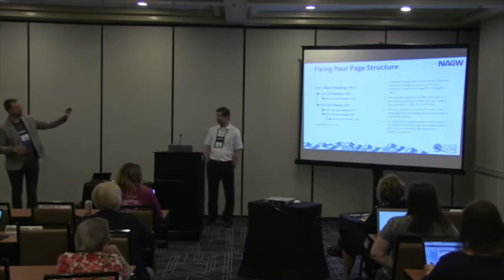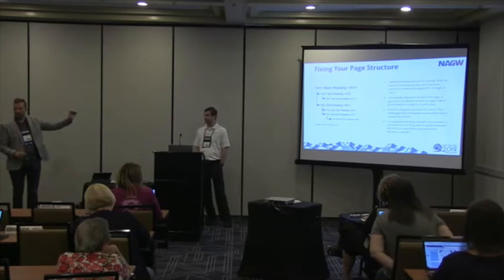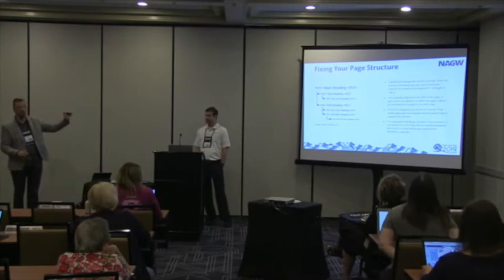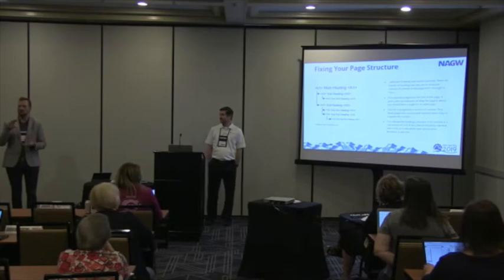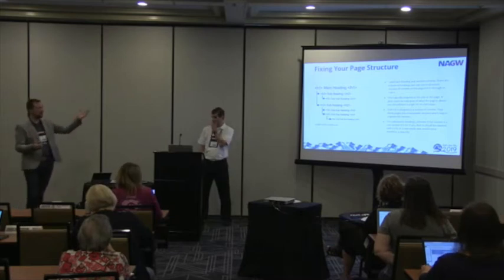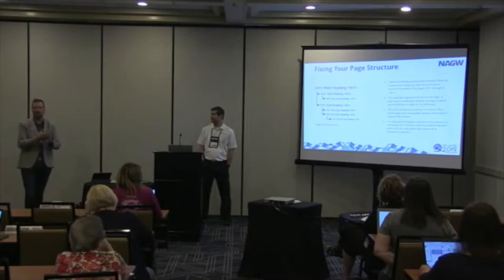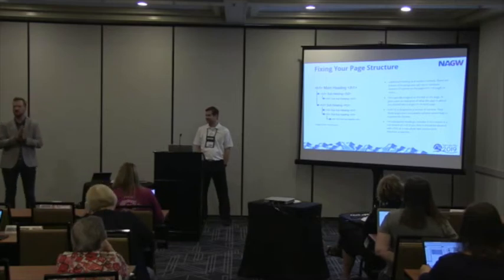When you put the H1 first, the H2 is the next one, the H3 is the next one, and you keep going like that, then it's very easy for anybody to go through the content, move to the section they want to read, and go from there. So if your web pages have heading tags where an H1 is followed by an H3, and then you have an H1 again, and then an H5, that is something that should be fixed.